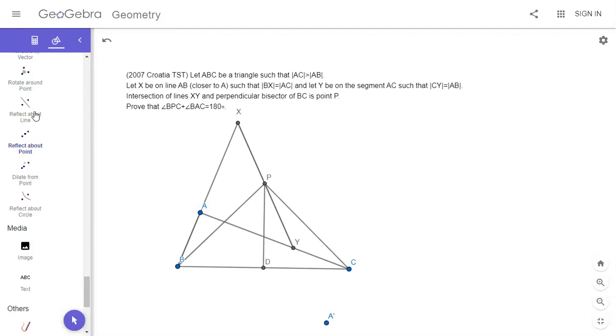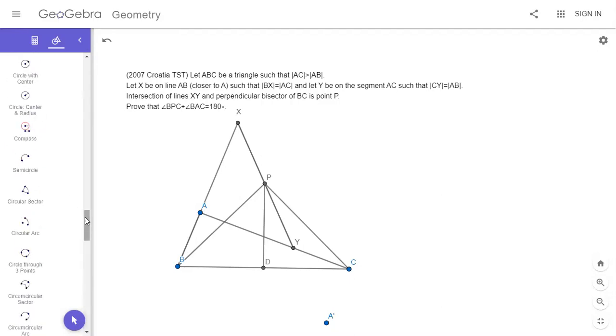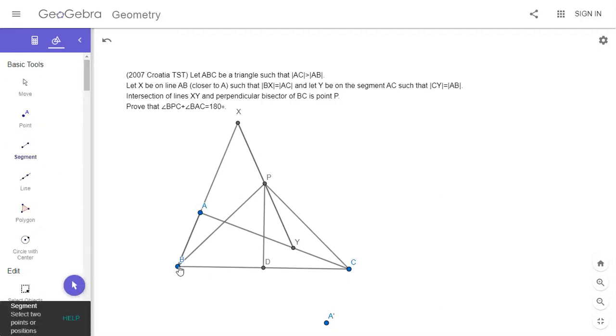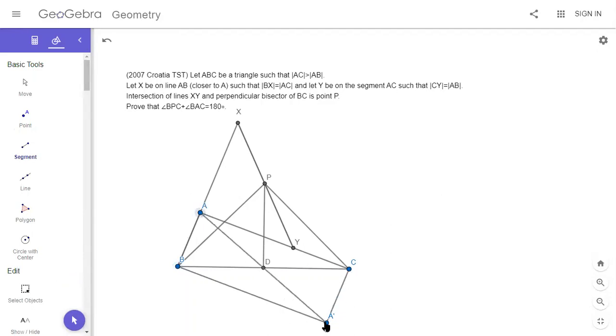So basically, and then yeah, we still want to find a cyclic quadrilateral, but now we have a parallelogram, right? I think we want to show that PY and A prime are collinear. Sorry, why is it a parallelogram?